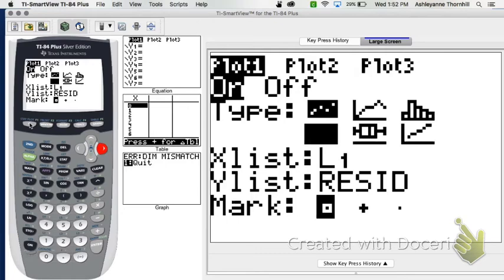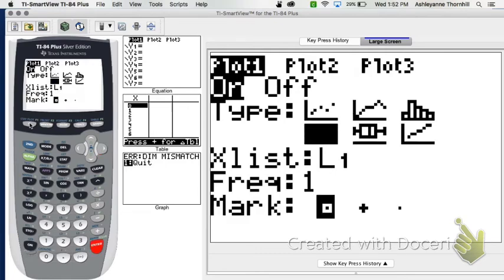So it's a box plot with the dot. The type should be the first one, the fourth one. And then your X list should be L1 because that's what you have your data put in.